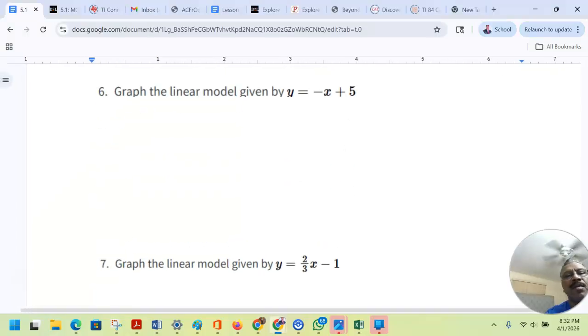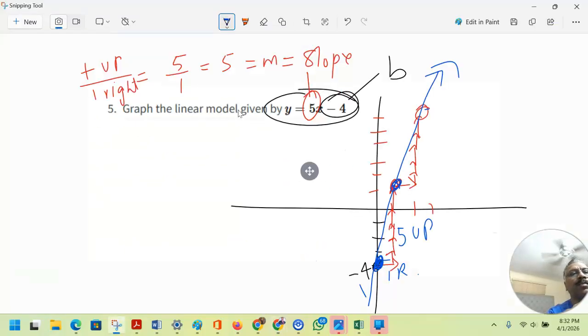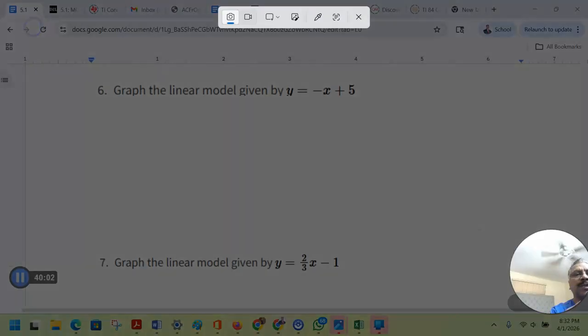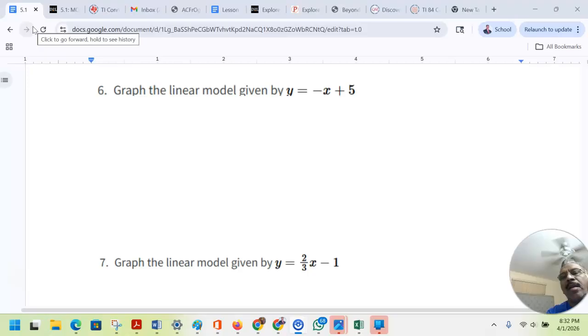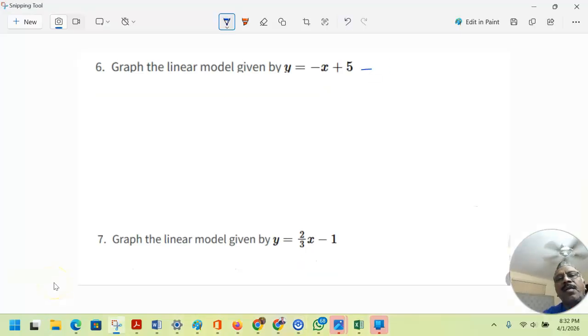Okay, so this piece. So question 6 here. This is same as -1 x plus 5. So the slope is this, which is m is the slope, -1 over 1.